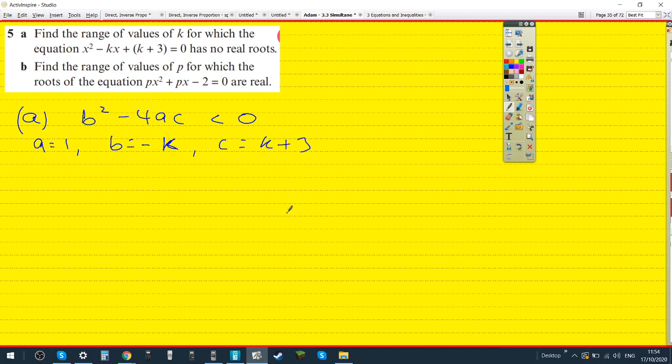Discriminant. And then we put it into the equation. Yep. So it'd be minus K squared minus 4 multiplied by 1 multiplied by K plus 3 in brackets. And then it's less than 0.